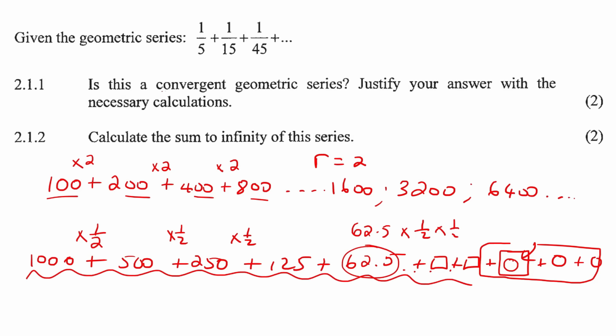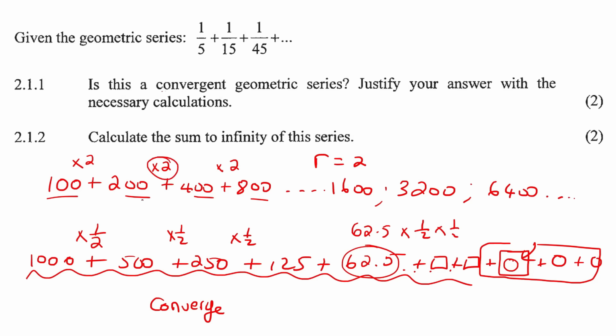Because eventually you are going to be plussing 0, and if you keep plussing 0, your sum is not going to change. We call that converge. You can think of it as the series has stopped.